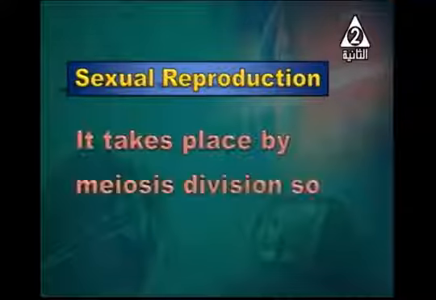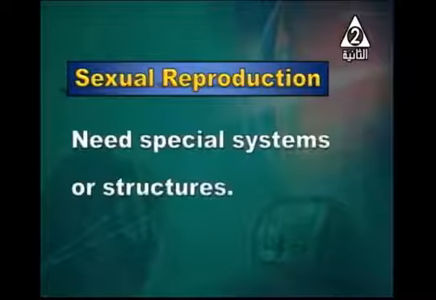The sexual reproduction takes place by meiotic division, so it needs special systems or special structures. These systems are called the reproductive systems.